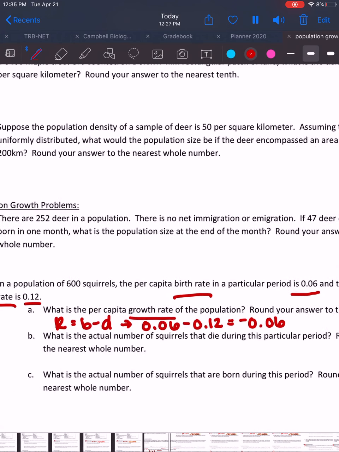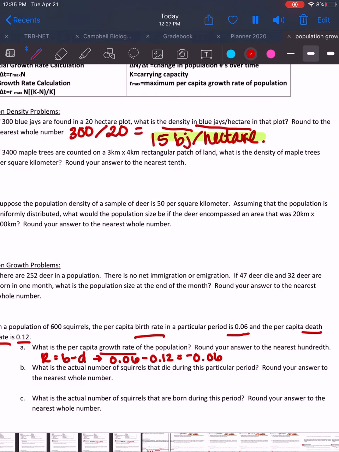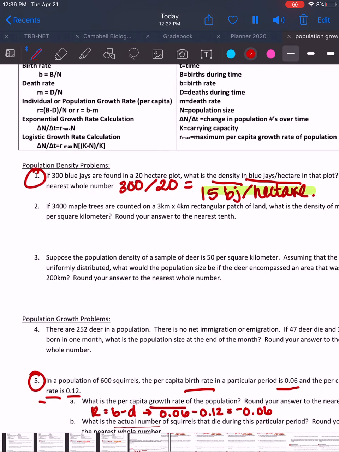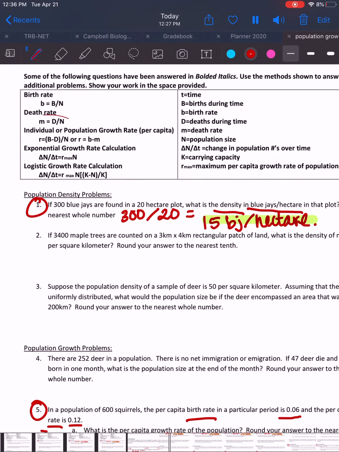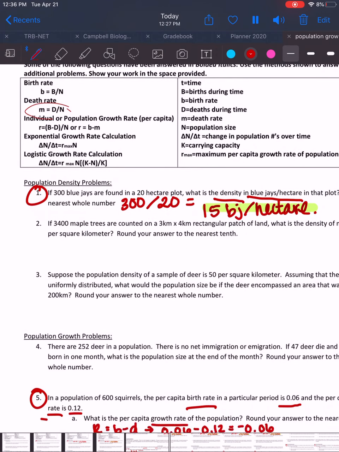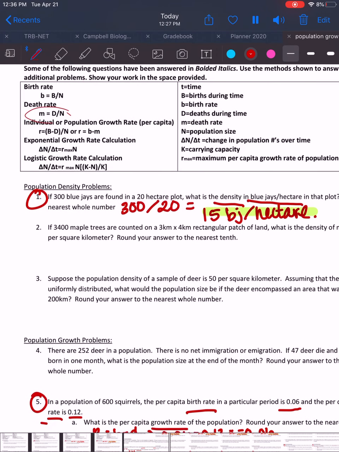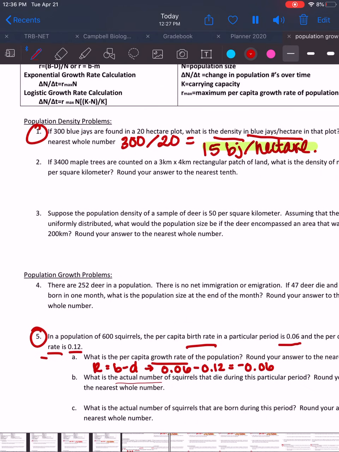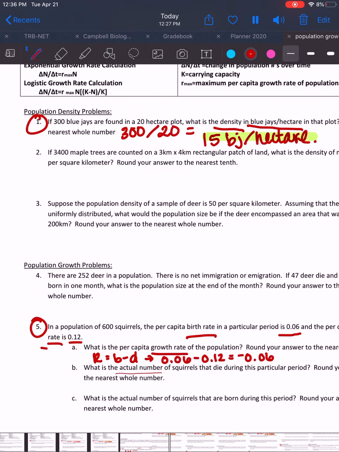birthing out squirrels. Okay, so B is asking what is the actual number of squirrels that die during this particular period. Again, we're going to round our answer to the nearest whole number because we can't have just part of a squirrel. I am going to use my death rate equation. We just have to rearrange it a little bit because we already have my death rate, and we want to know how many actually died.